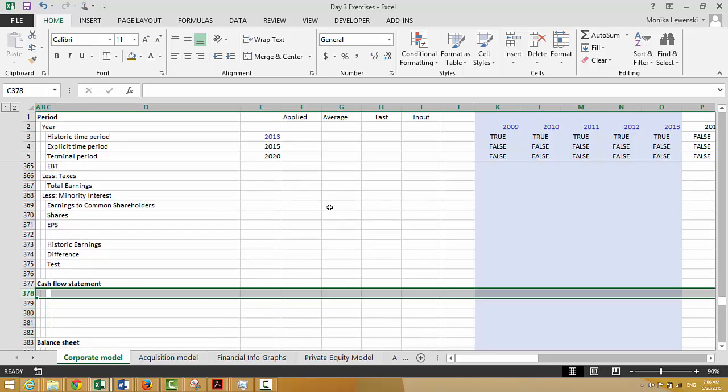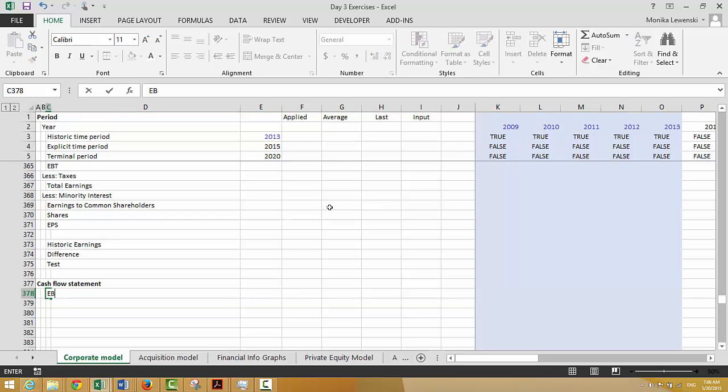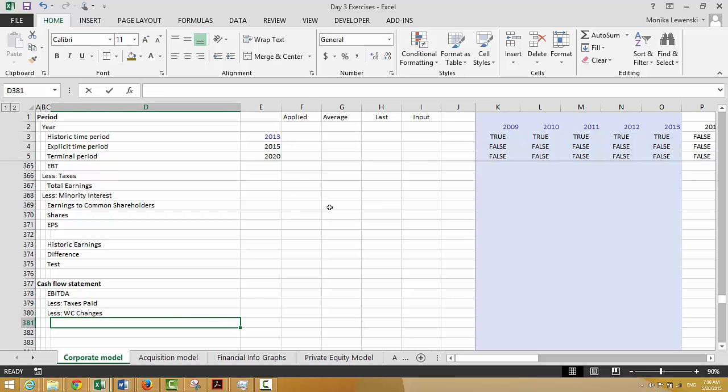And then here's why. Let's finish this, and let's put the EBITDA. Let's put less the taxes paid. Now I didn't put any deferred taxes in, which I should. Less the working capital changes. How about cash from operations?